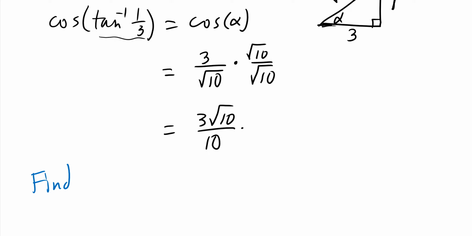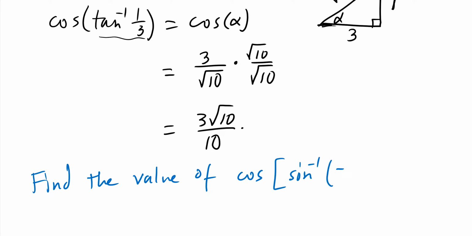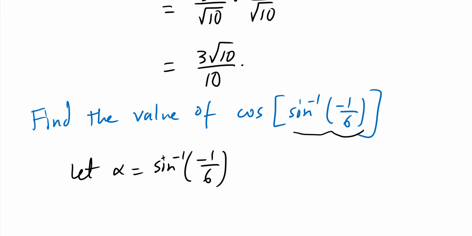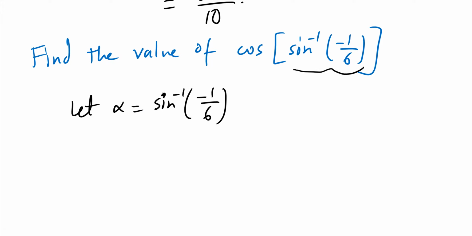Let's look at another example. Find the value of cosine of sine inverse of negative 1 over 6. Well, again, we assume this is alpha. Let alpha be the sine inverse of negative 1 over 6.